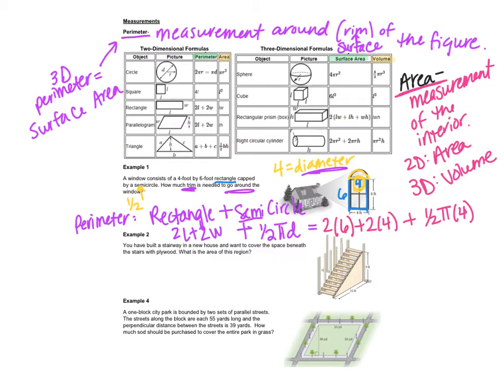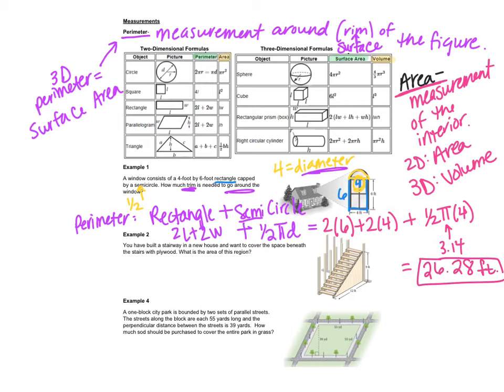I'm going to type all that into the calculator. If you don't have a calculator with a pi button, you can always use 3.14. I'm going to type all of that in. I'm going to get 26.28. All right, this would be feet.